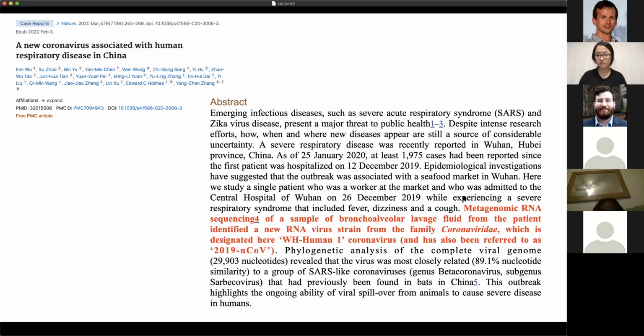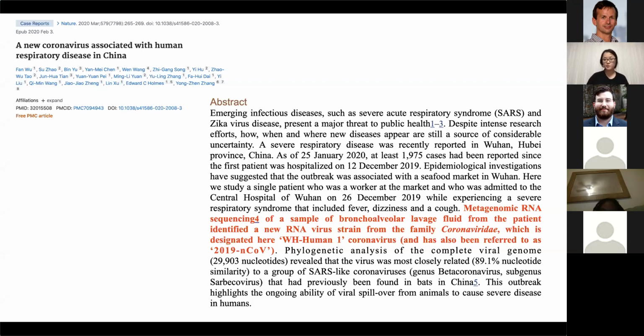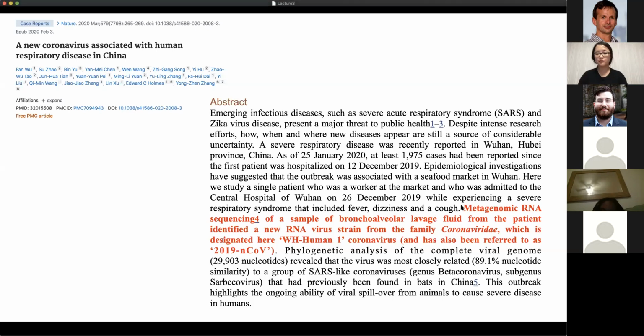The sentence in the abstract that pertains to this reads that metagenomic RNA sequencing, described in reference 4, of a sample of bronchoalveolar lavage fluid from the patient identified a new RNA virus strain from the family Coronaviridae, which is designated here WH human 1 coronavirus and is also being referred to as 2019 nCoV. So, and then there's some other stuff about phylogenetic analysis and characterization. So the key phrase here is metagenomic RNA sequencing.